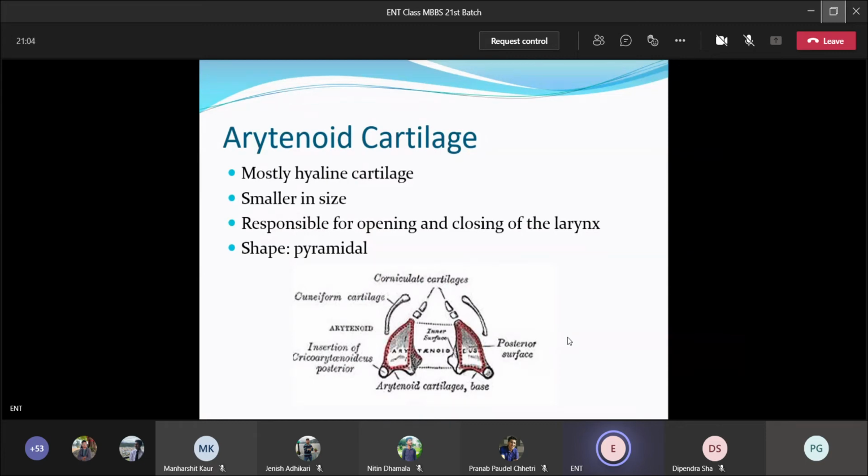The diagram shows the arytenoid cartilage, and above is the corniculate cartilage, laterally is the cuneiform cartilage, and below is the base of the arytenoid cartilage, with insertion of the cricoarytenoids posteriorly.